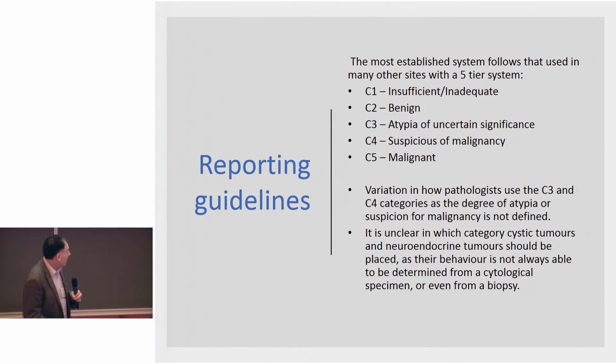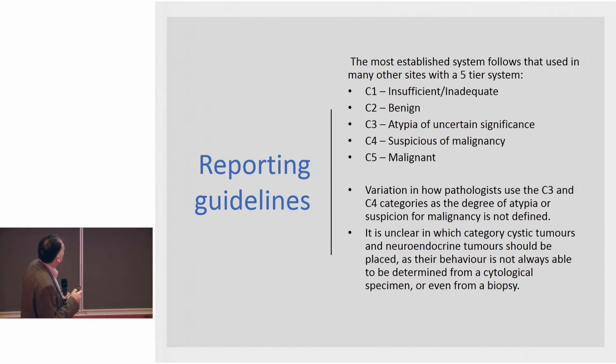So looking at the reporting guidelines, I'm not going to say too much about this because I think it will be discussed later. The most established system, used pretty much throughout the UK and I think in many places in Europe as well, is a 5-tier system with C1 to C5, with malignancy in C5 and insufficient C1, benign C2.